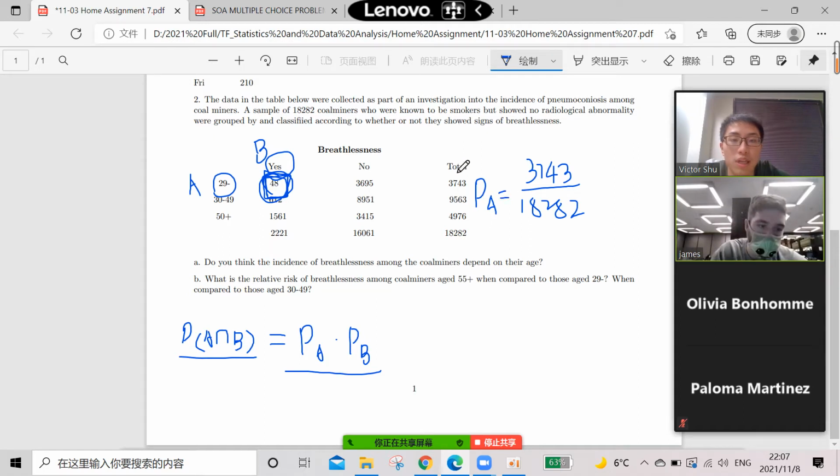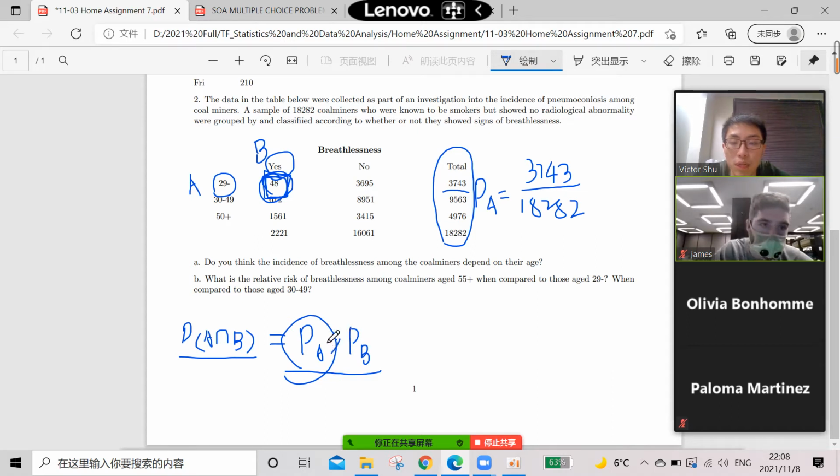By looking at this table, in this column it shows the total number of people. Among them, 3,743 are under 29 years old. So the probability of one random person being under 29 was simply 3,743 divided by the total number of people. This is our probability of A, the probability of under 29.